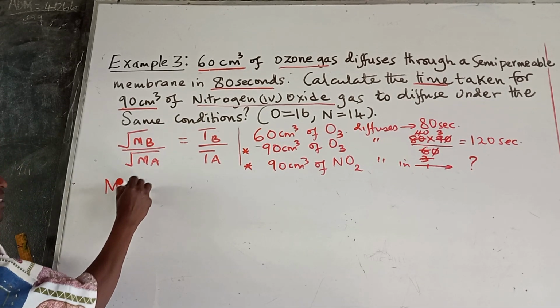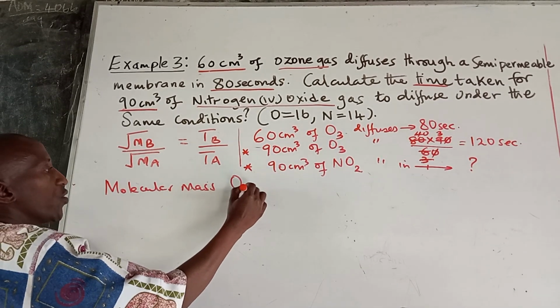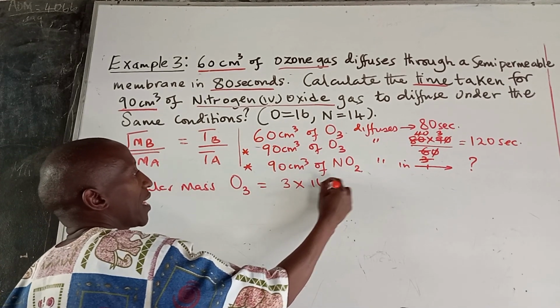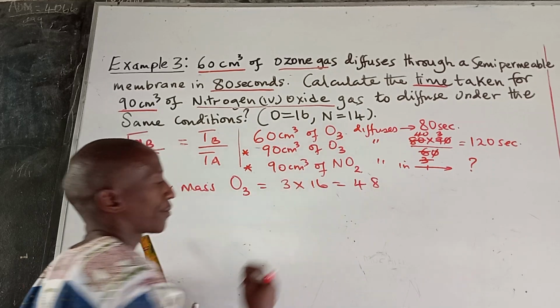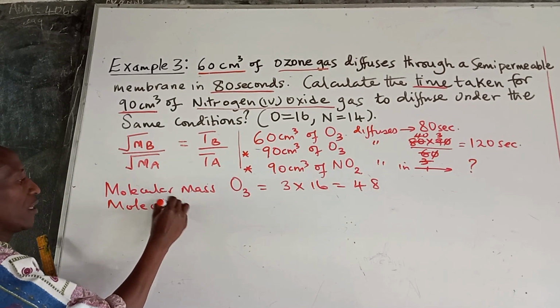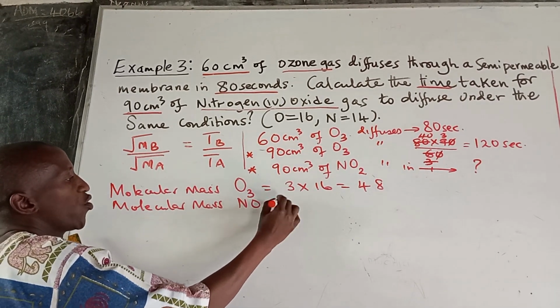We can calculate that also. Therefore, the molecular mass of the ozone gas is 3 times 16, and that comes to be 48. Once more, we look at the molecular mass of nitrogen 4 oxide, NO2.